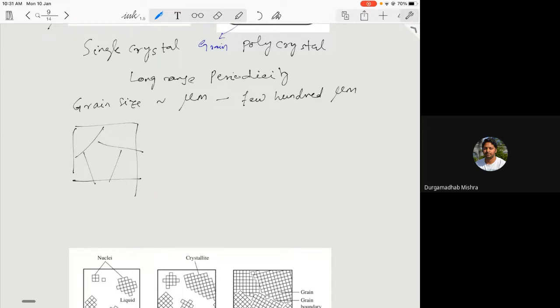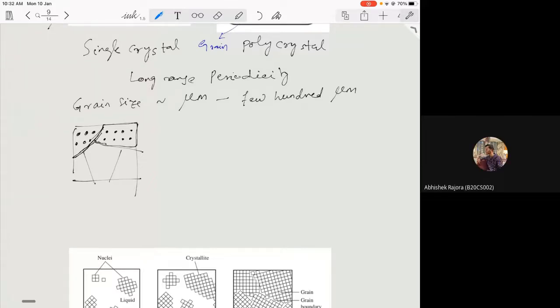And let's say this is one thing, and how will the orientation be in the second part? Same orientation. Yes. But then why will there be a boundary then? The boundary will not exist in that case because it is a continuous, same repetition and same atoms are there. Okay, sir. Got it.